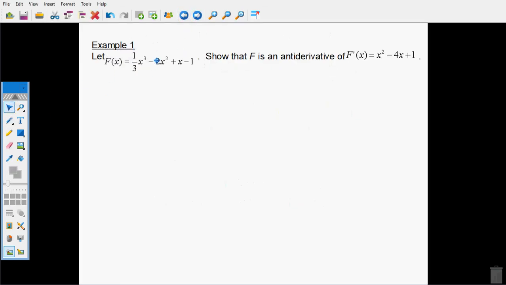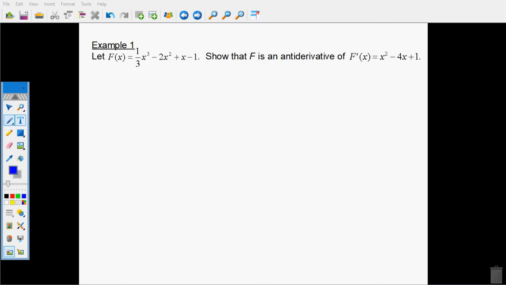Let's go here. So if I have this function, notice it's a capital F. F of x equals 1/3 x cubed minus 2x squared plus x minus 1. I need to show that F is an antiderivative of this f prime.